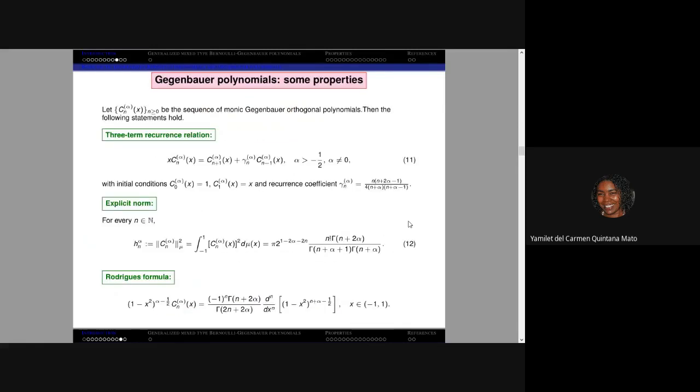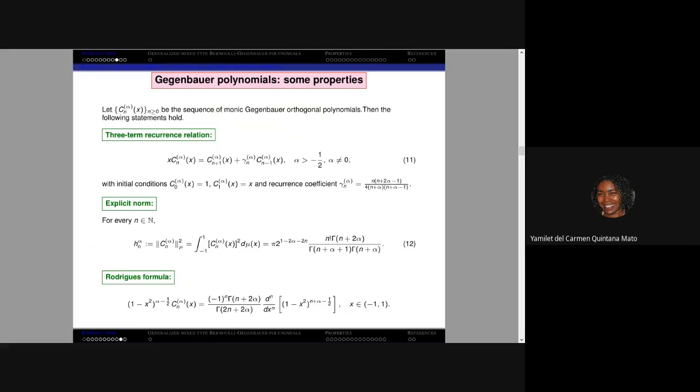Among the more important properties of Gegenbauer polynomials, we know the three-term recurrence relation, the explicit expression, and, for instance, the differential relation given by the Rodrigues formula.